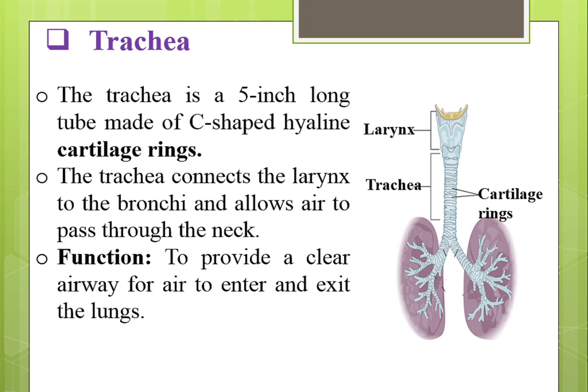Functions: it conducts air between the larynx and bronchi. The C-shaped rings of the trachea prevent collapse and also provide a clear airway for air to enter and exit the lung.